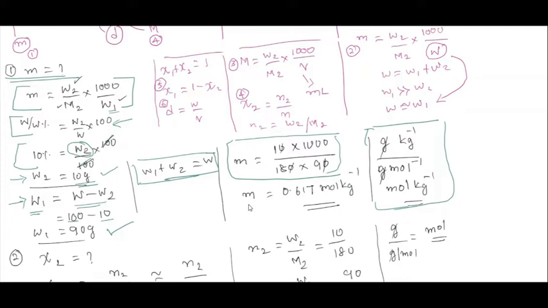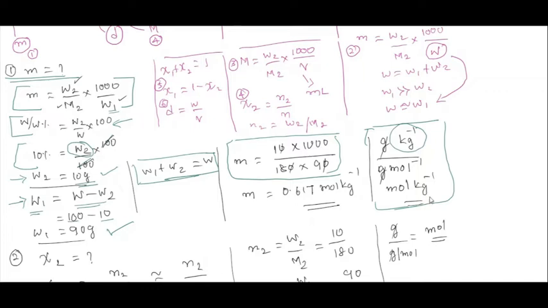Now dividing this gram by 1000 gives kg, is it not? And this one is 180 gram per mole. Don't put GM, gram means g. Now you can strike out this, and this is per kg.